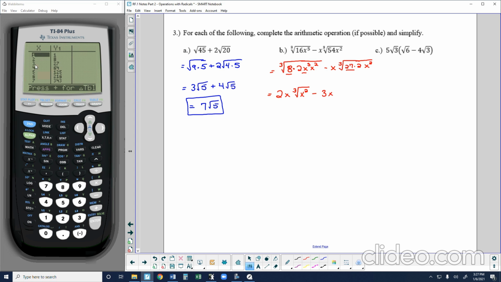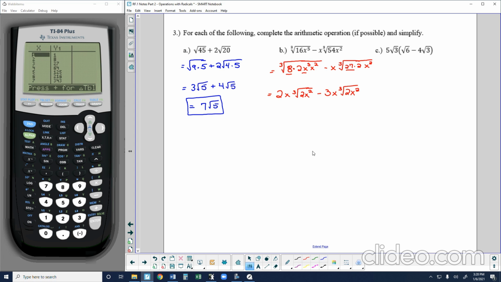So I'd have 3x cubed root of 2x squared, sorry. I forgot a 2 in my last radicand. So I did bring a 2 out, I did bring an x out, but I forgot to leave the 2x squared back in there. So again, this one would be 3 cubed root of 2x squared.